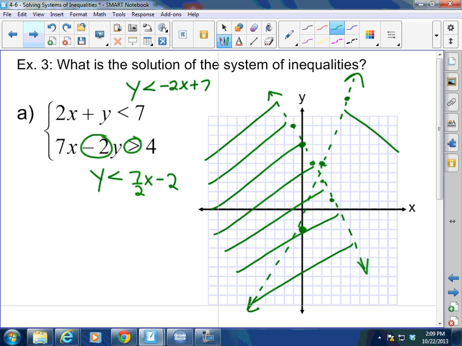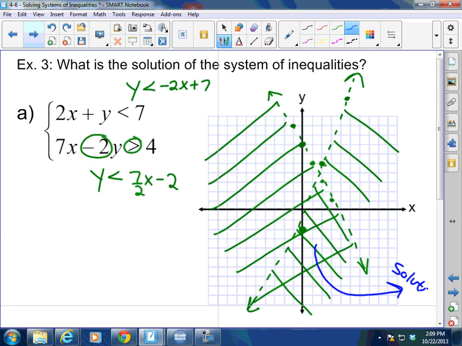Below. So that's here. So what's my solution? This area right here. These are my solutions. And again, in case you don't see that, it's this area in blue. All of that are your solutions.